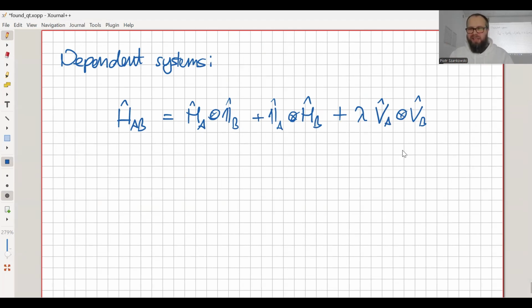Once you add something like this, you will no longer factorize, okay? So this is how you can introduce dependence between systems, by introducing a coupling between them, okay?